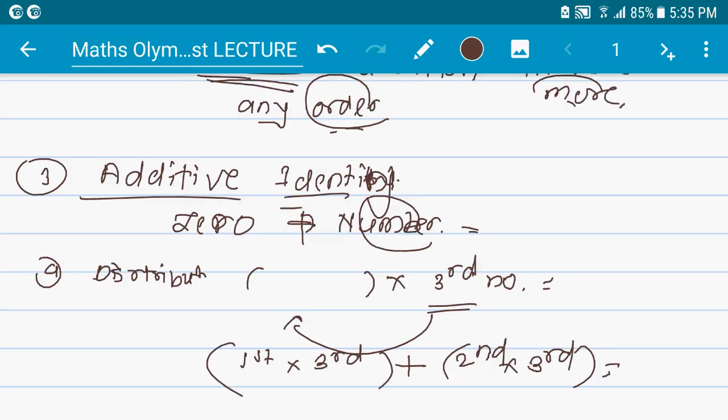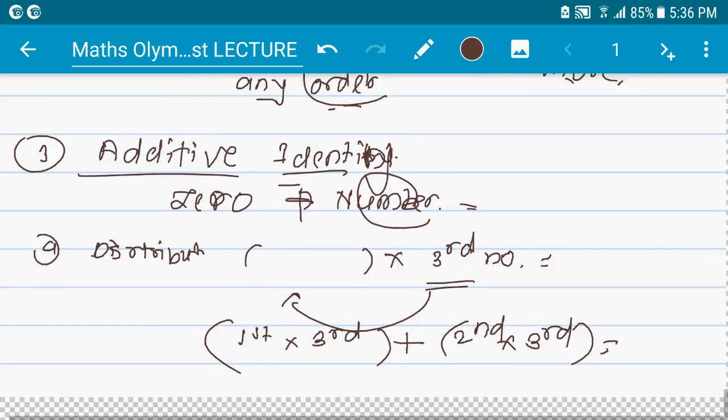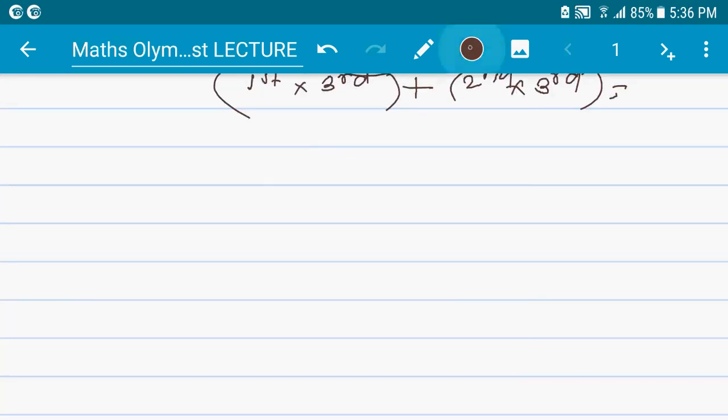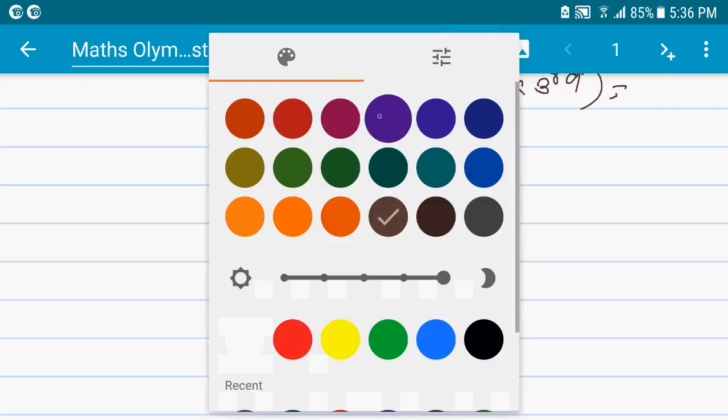The result remains the same. So this is our fourth property, which is known as distributive property. So these are all the properties related to addition. Now the next operation is subtraction.